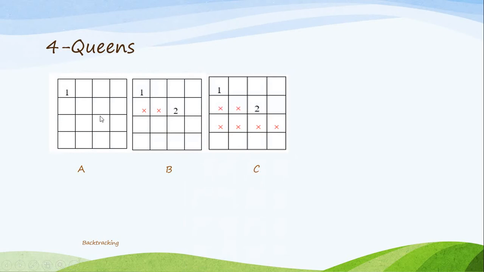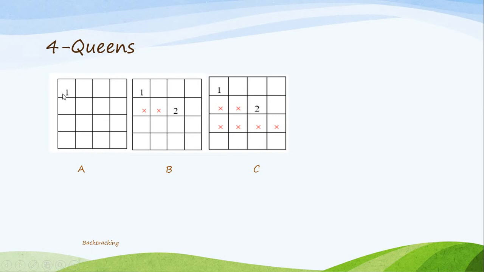While solving this 4 queens problem, we put each queen in its own row. That means put queen 1 in the first row, then keep queen 2 in the second row, then place queen 3 in the third row and the fourth queen in the fourth row. So here we have to assign only column numbers for the queens.